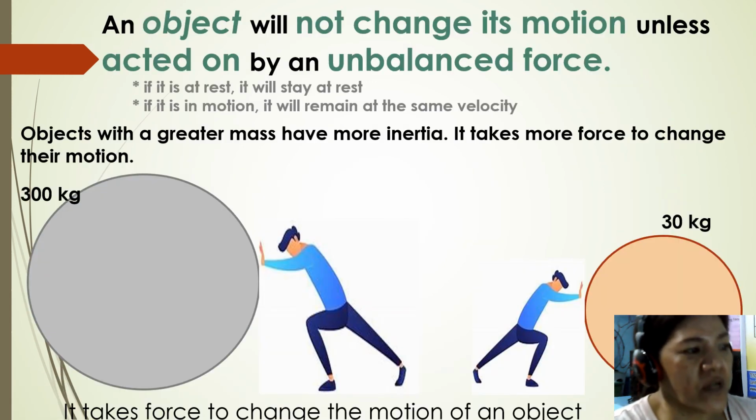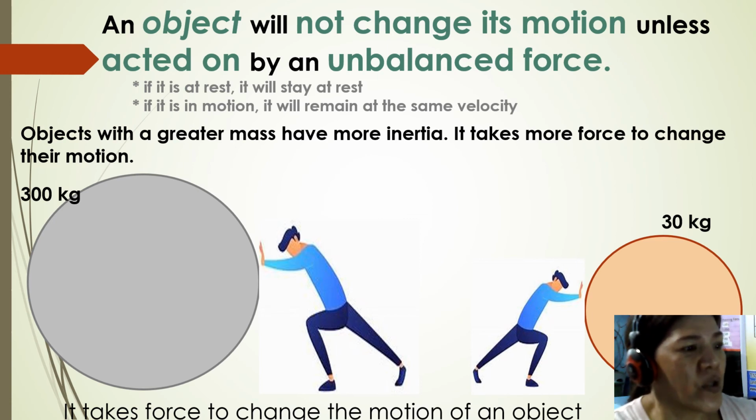Okay, try to see this illustration. An object will not change its motion unless acted on by an unbalanced force. If it is at rest, then the object will stay at rest. If it is in motion, then it will remain at the same velocity.